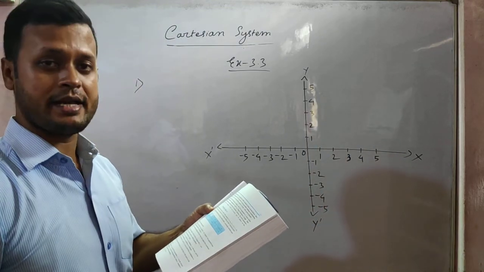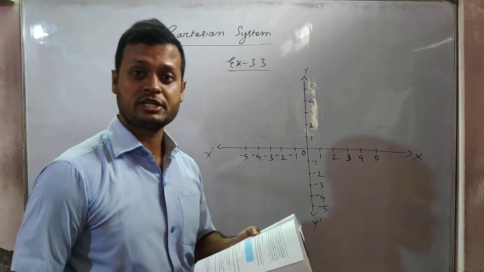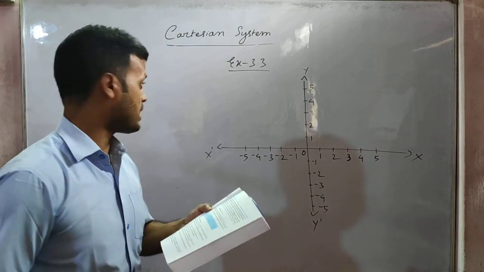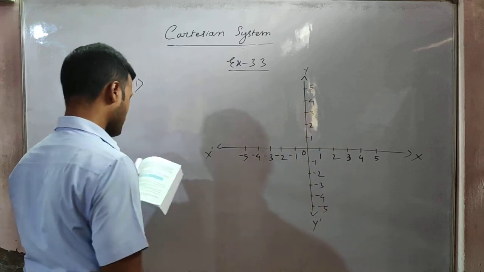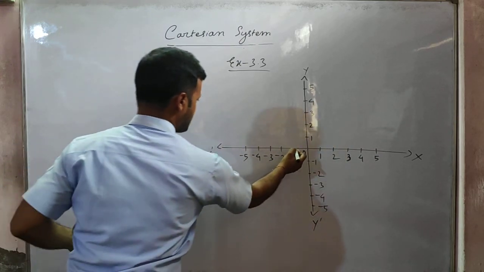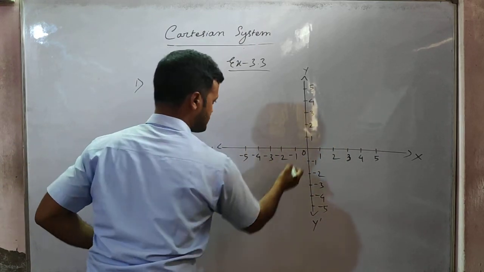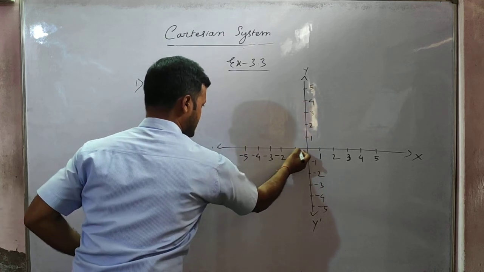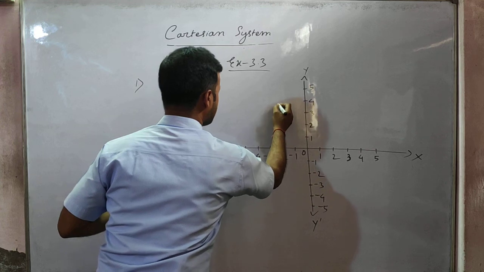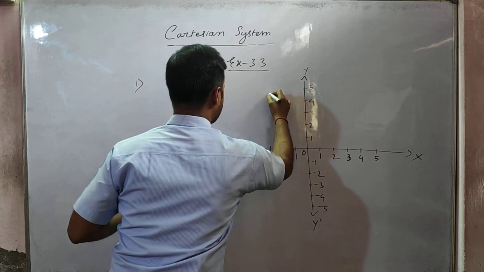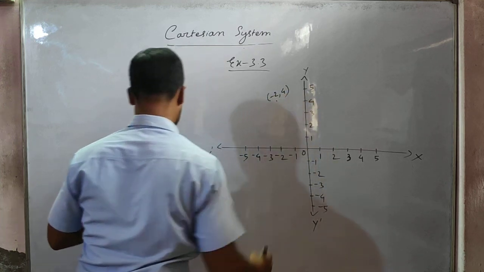The first point is given (-2, 4), exercise 3.3 number 1 I am talking about. From 0, let us see, -1, -2 and 4: 1, 2, 3, 4. This point is (-2, 4).